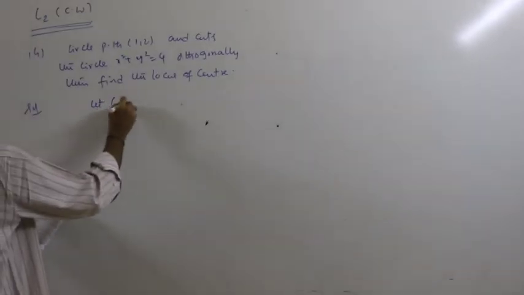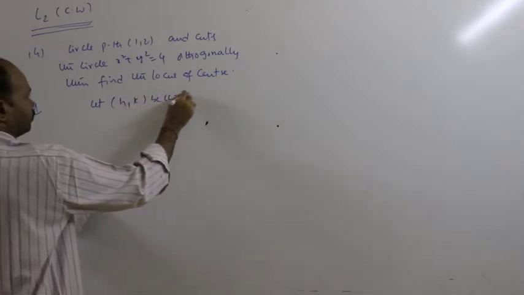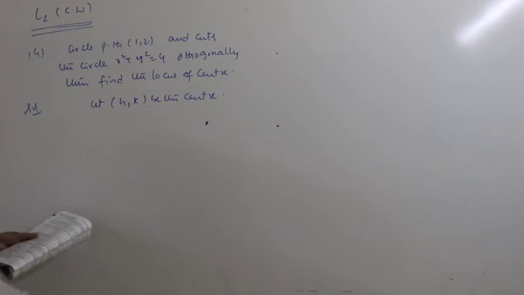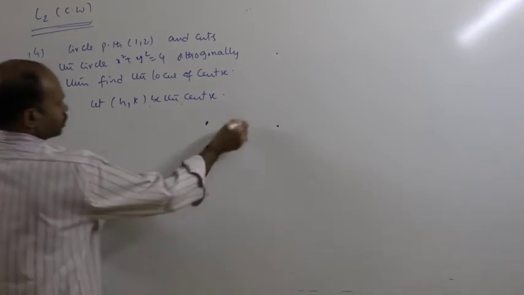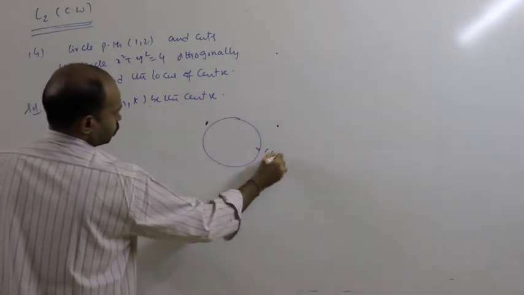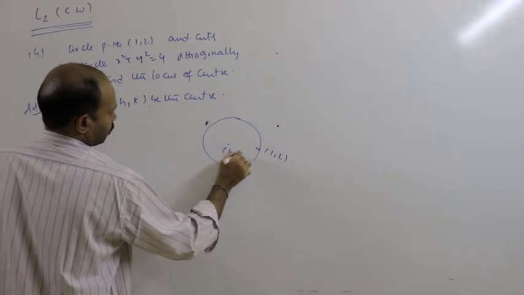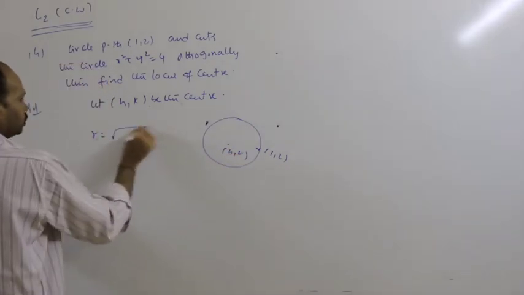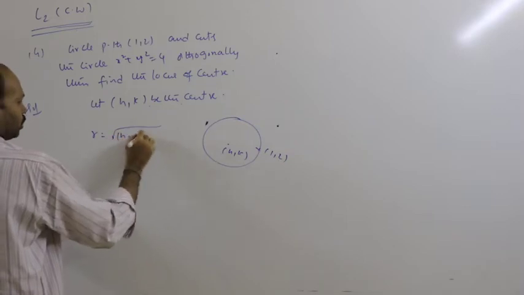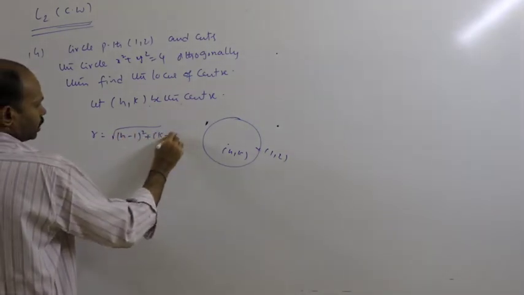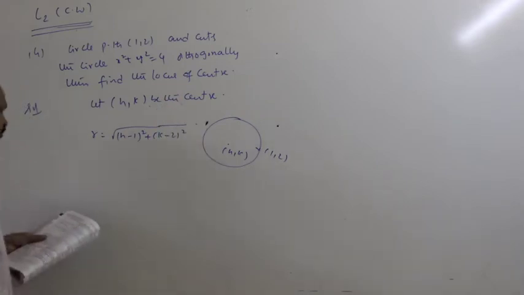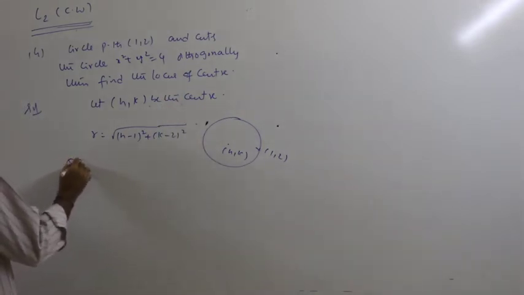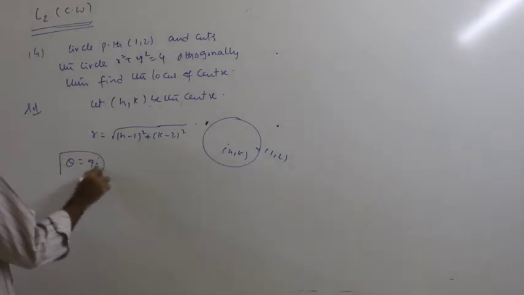Let h comma k be the center. And as it was passing through 1, 2, this is h comma k. The radius is nothing but what? Root of h minus 1 whole square plus k minus 2 whole square. Whenever they intersect orthogonally, then the angle between them is 90 degrees.